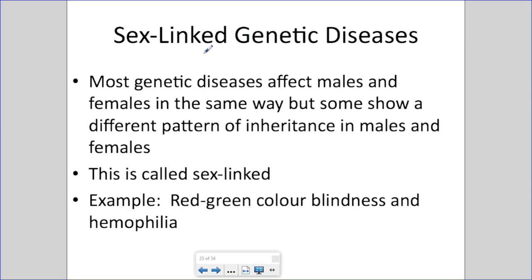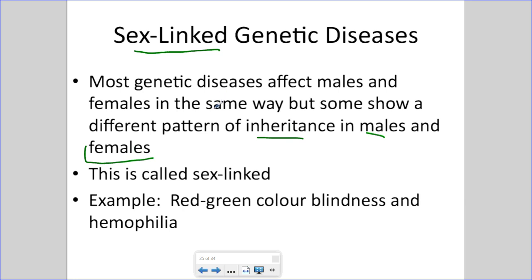Now, genetic diseases can also be sex-linked. Most genetic diseases will affect males and females in the same way, but some show a different pattern of inheritance in males and females. In the previous genetic diseases that we discussed, males and females are equally affected.